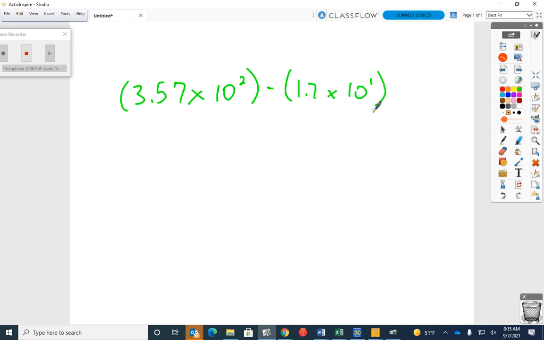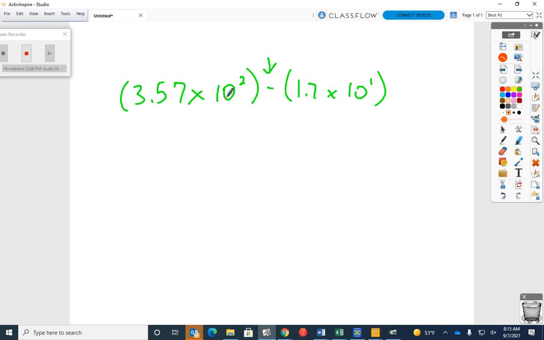Well, what's the problem here? What's the first problem that we can identify? Is this multiplication or division? Subtraction. And in order to add or subtract, I have to have the same exponent. So do you want to go up to 2 or down to 1?